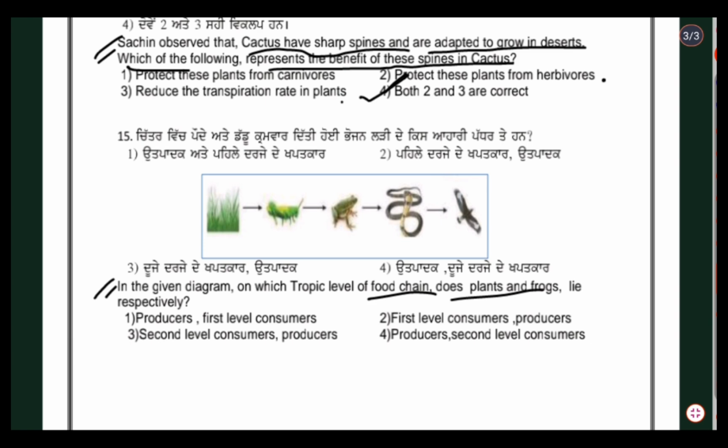So in the food chain, the plants are the primary producers, right? And they create food. While the frogs eat insects which are primary consumers. Insects are the primary consumers, right? And frog is the secondary consumer. Okay, so the answer will be, the 4th option is the right option.